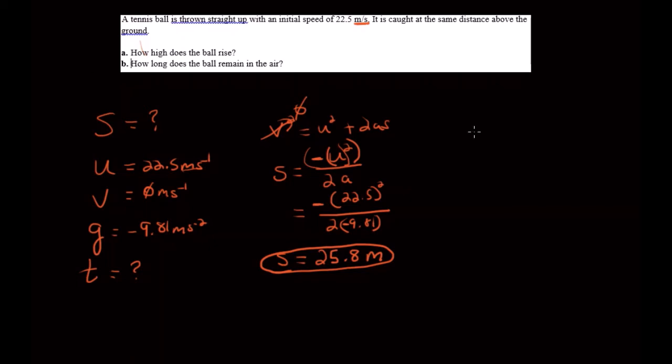So let's go figure out what our time is. We can use V equals U plus AT. V is 0, right? Final velocity is 0 because it's the very top. So time is equal to negative U divided by G. So put that in: negative 22.5 divided by negative 9.81.